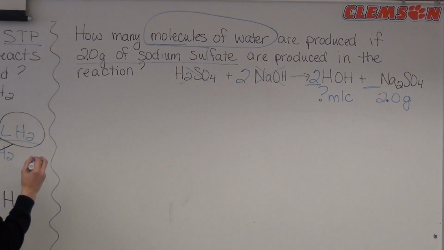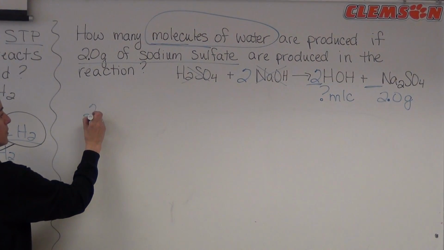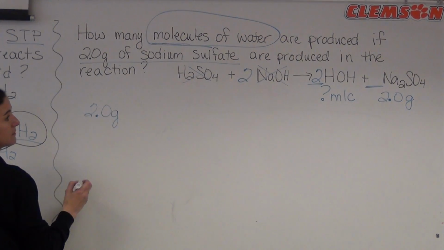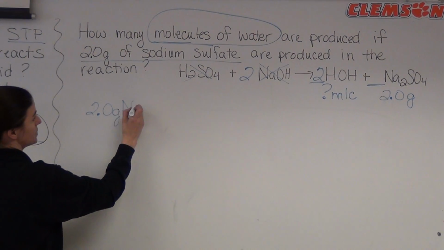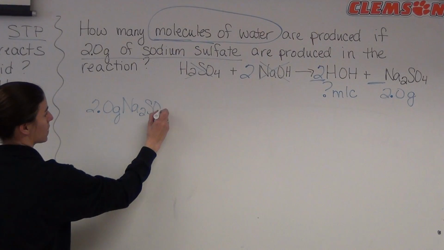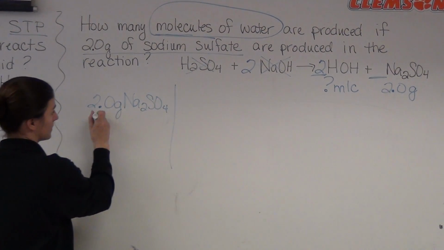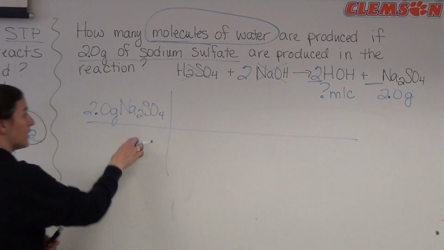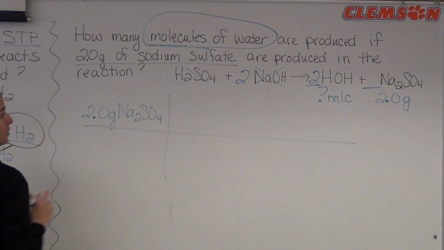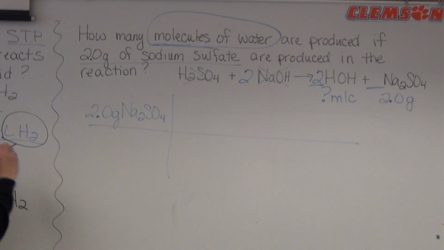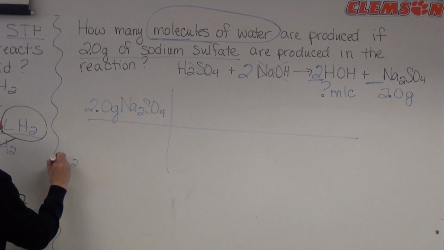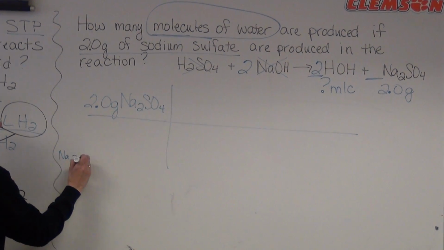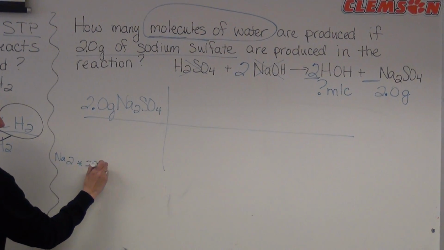So, start with your given. 2.0 grams, in this case, Na2SO4. You're going to have to find all of this on your periodic table. If you do that, you've got 2 of the Nas, and that's 2 times the 23.0.